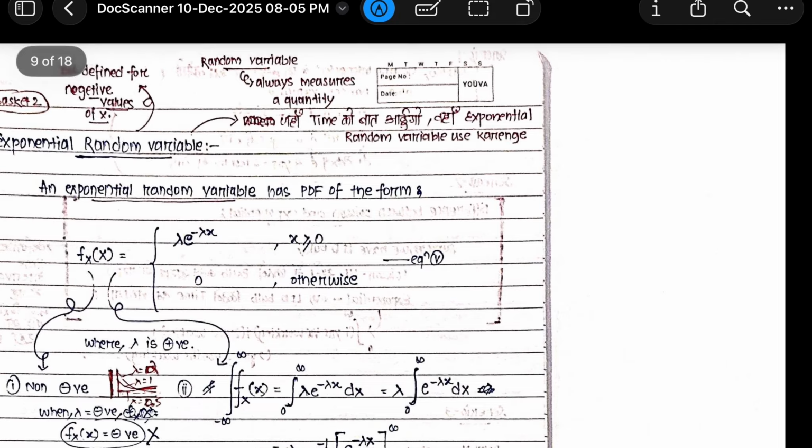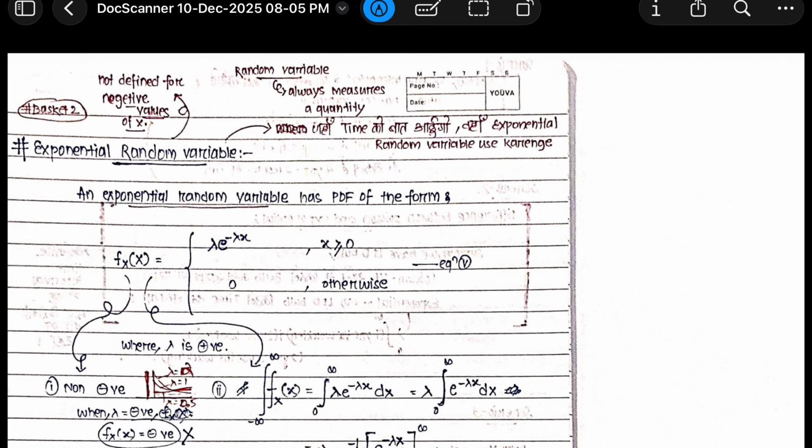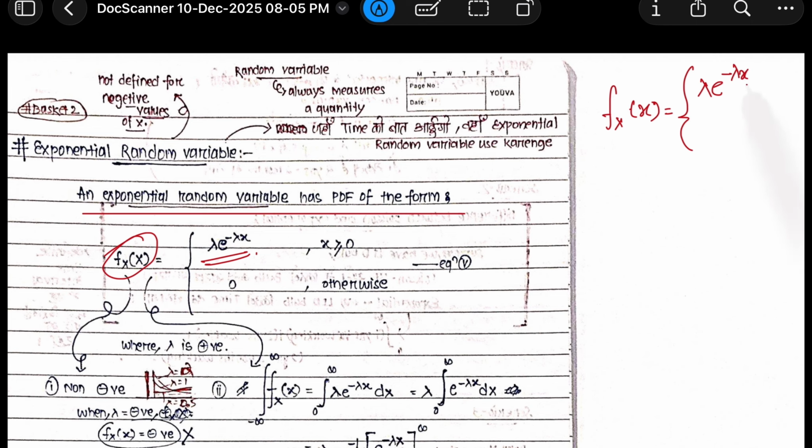An exponential random variable has a PDF of f of x equals lambda e to the power minus lambda x. x is defined for lambda e to the power minus lambda x, so x must be greater than 0.